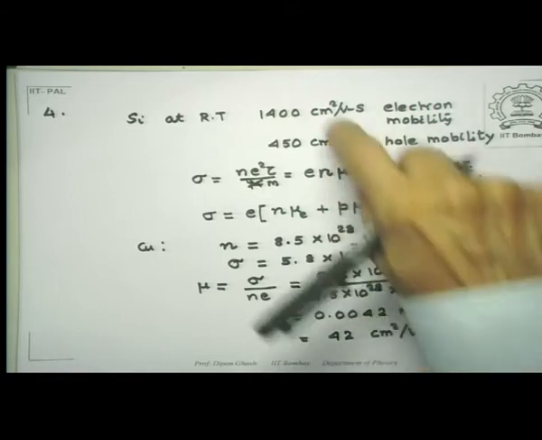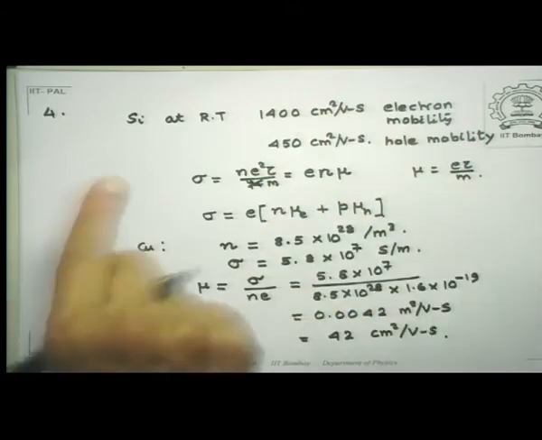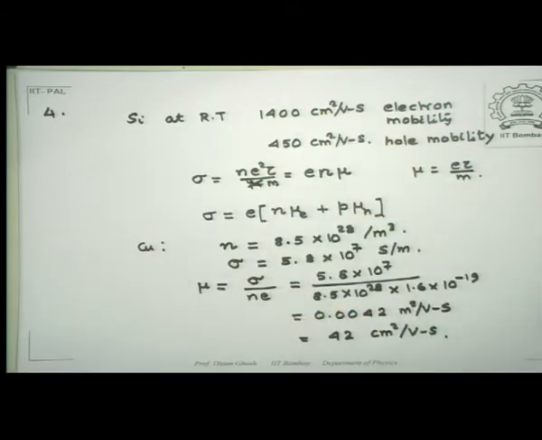I had already told you that silicon, for example, has a fairly large electron mobility, which is 1400 or so. Now, I can look at this data and in turn find out what the drift speed is like. So let's look at the Vd expression.